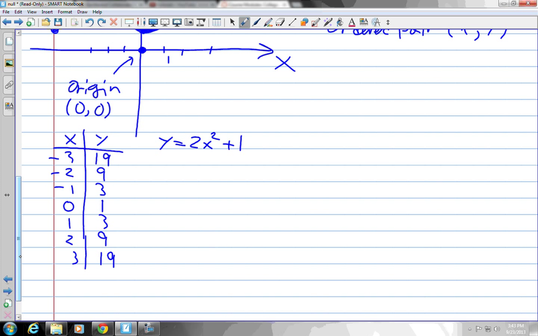And usually you pick a few negatives, a few positives, and 0, if allowed, because there are some equations where you cannot plug in negative x's. There are some equations where you cannot plug in 0. Yeah, if you have division by 0 or some kind of a square root somewhere. But usually that works. A few negatives, a few positives, 0. And then you get a pattern.